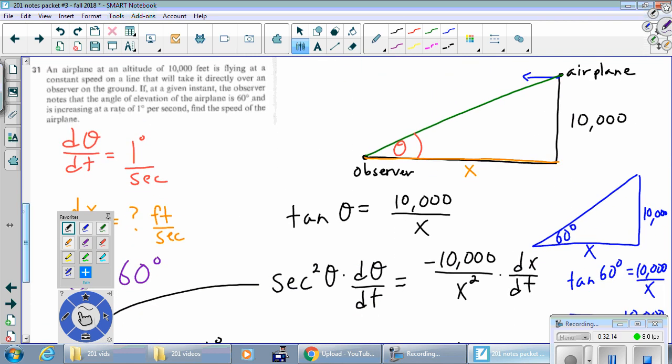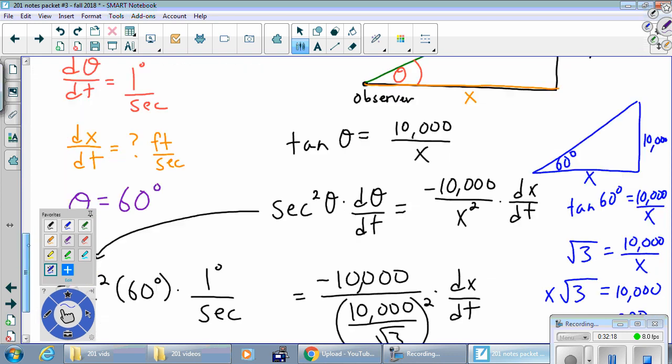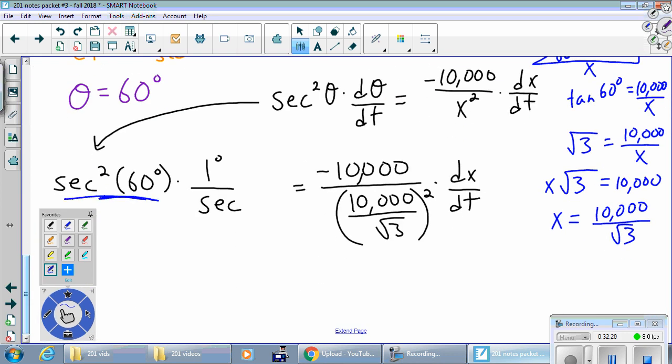So the problem here actually isn't the 60 degrees, because secant squared of 60 degrees is exactly the same as secant squared of the corresponding radian version of 60 degrees. That's pi over 3. Secant squared of pi over 3 in radians is exactly the same as secant squared of 60. So this part we could care less about. We're going to get the right answer there. But it's right here. This 1 degree per second is no good.